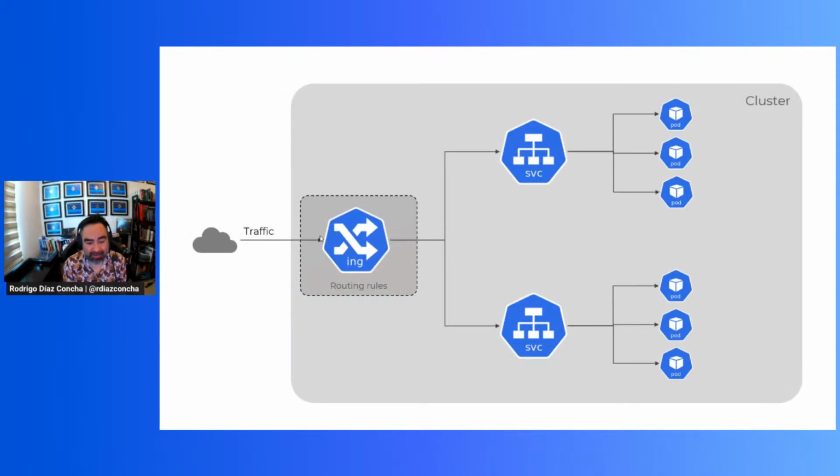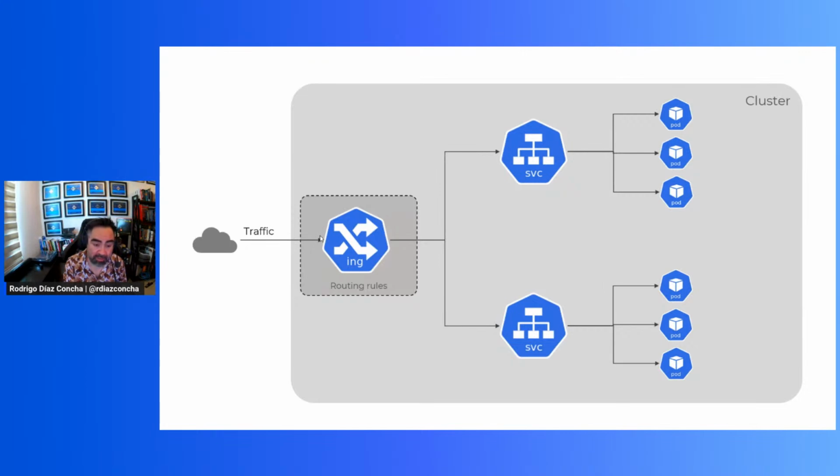So in this diagram, we can see that, of course, we have some applications that we deployed by using maybe a deployment, right? And then you expose those pods by using a service. The service has the knowledge about the pods because of the label selectors and those kinds of things. And what if you want to expose the service? Well, actually, that's where the Ingress object comes into the picture.